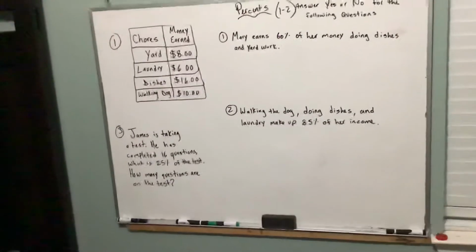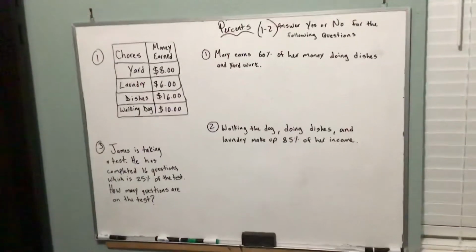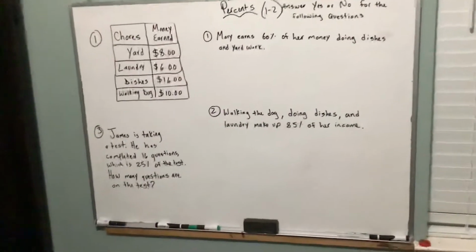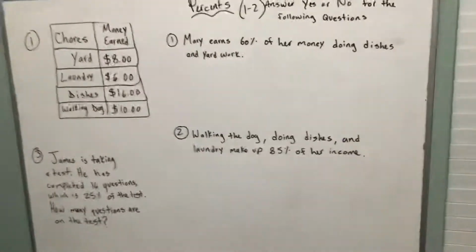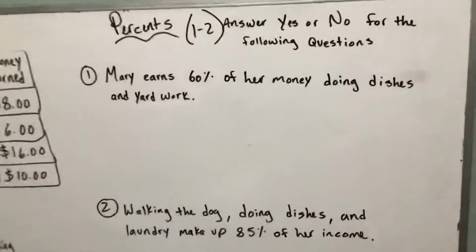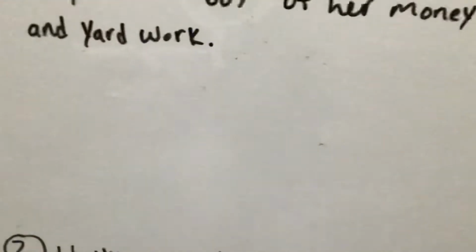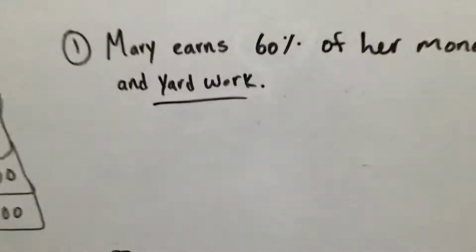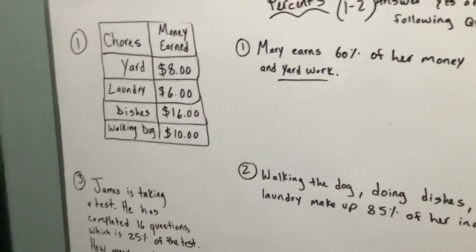So let's get started with number 1, which says Mary earned 60% of her money by doing dishes and yard work. Well, the first thing we have to do is label our key information, which is dishes and yard work. So what we're gonna do is label what they represent. Dishes, it's given to you, it represents $16.